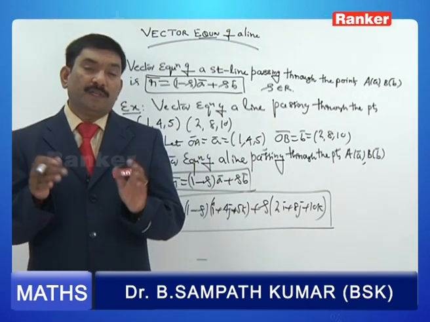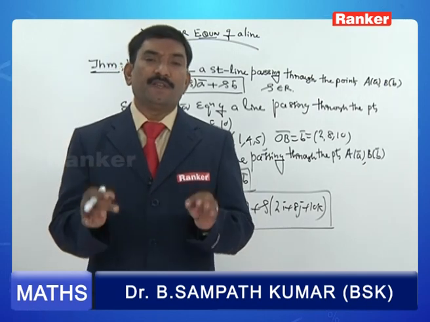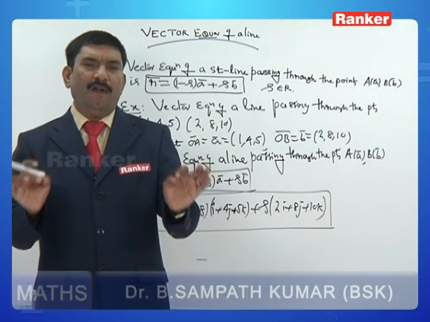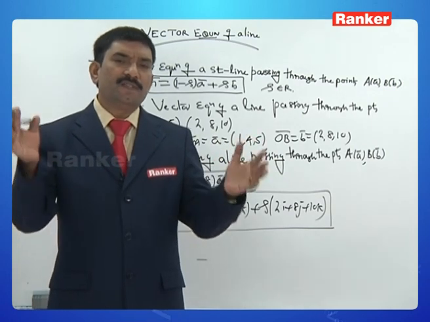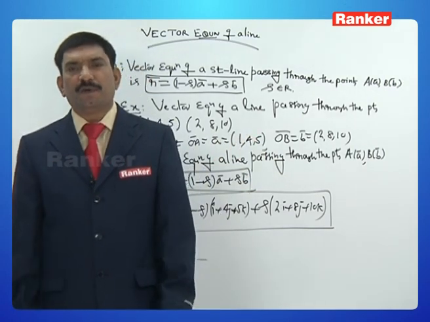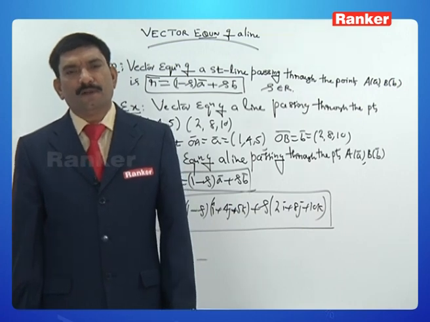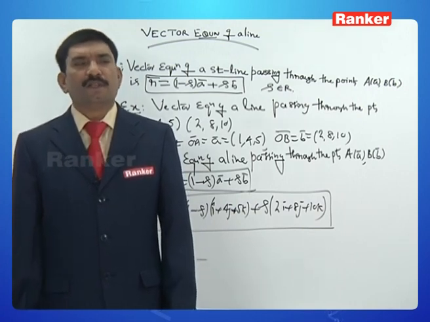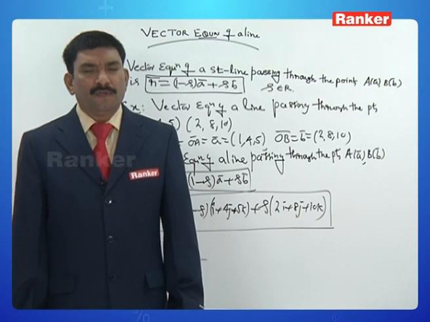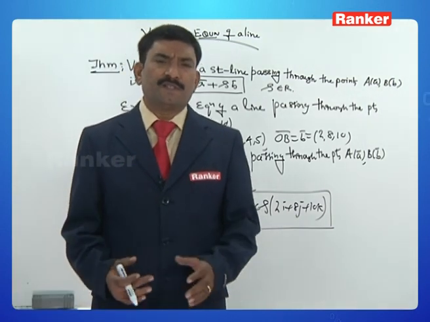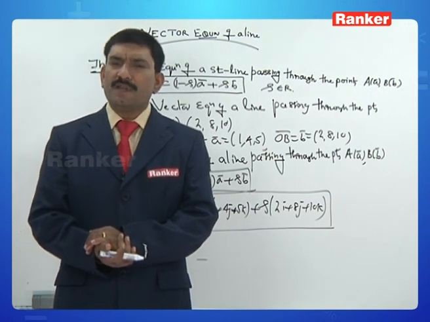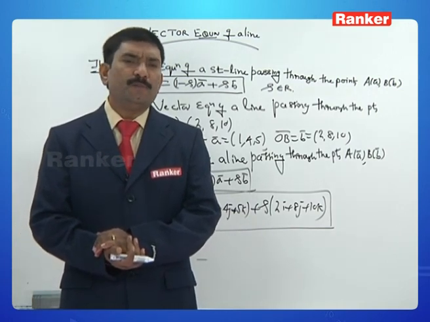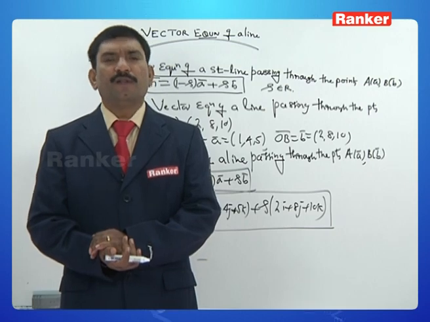You can use any one, depending on the requirement of the solution. Okay. Now, next we shall discuss the Cartesian equation of a straight line passing through 2 points A bar and B bar.